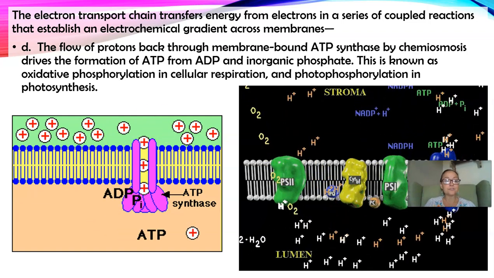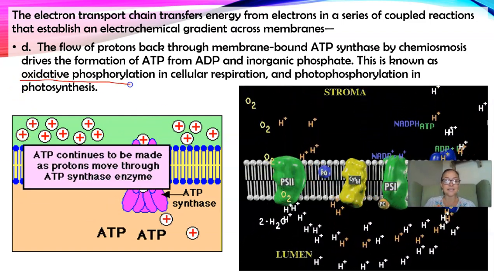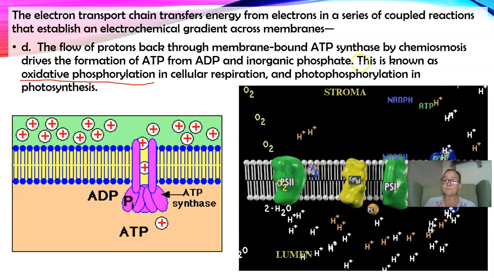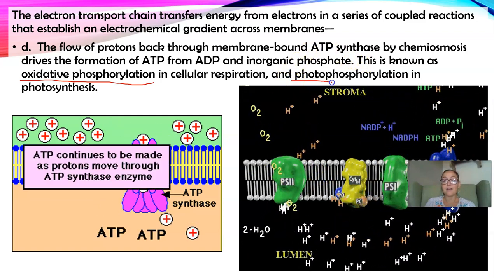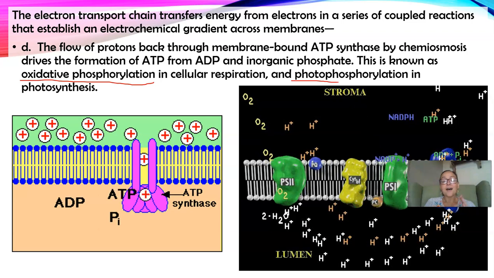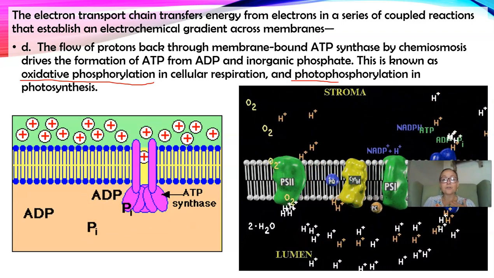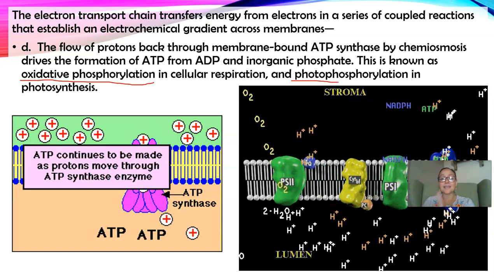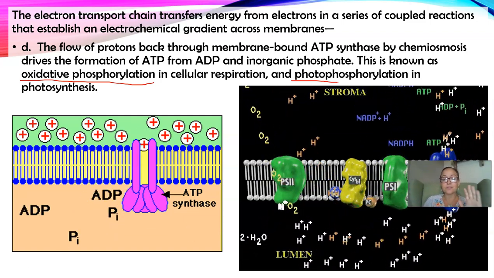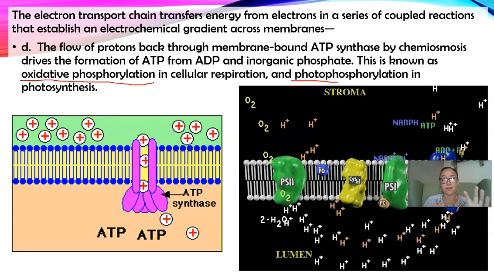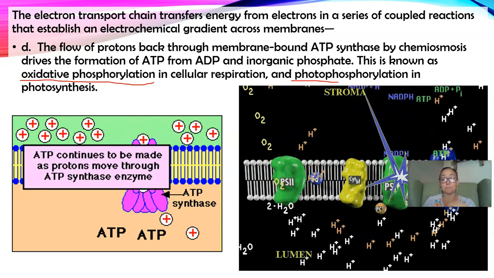So in the mitochondria, we call this process oxidative phosphorylation, and in chloroplasts, we call it photophosphorylation. I want to emphasize, though, that plants and autotrophs have both chloroplasts and mitochondria. So this is occurring in both mitochondria and chloroplasts within plants.